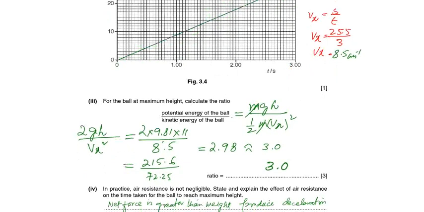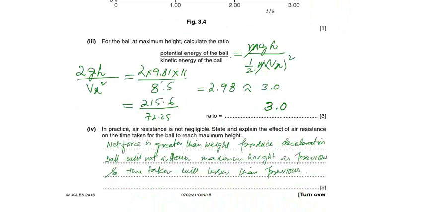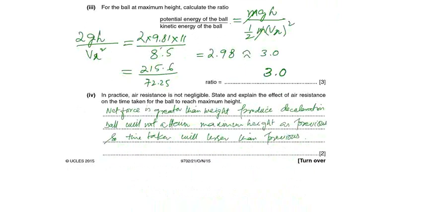Right? So yes. In practice, the air resistance is not negligible. State and explain the effect of air resistance on the time taken for the ball to reach the maximum height. We know when the ball travels up, now air resistance is there. That means a is not equal to g anymore, right? So the gravitational force is downward, and now there is an air resistance force which is acting upward, against the motion.